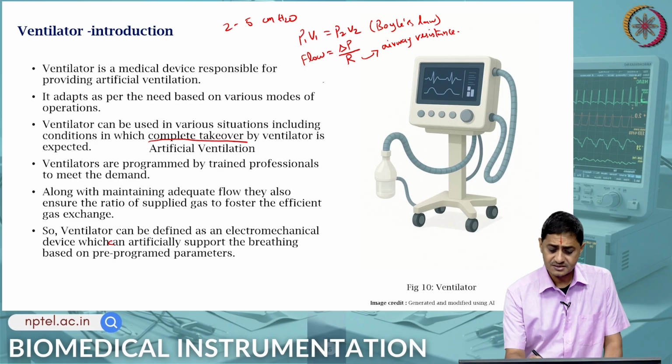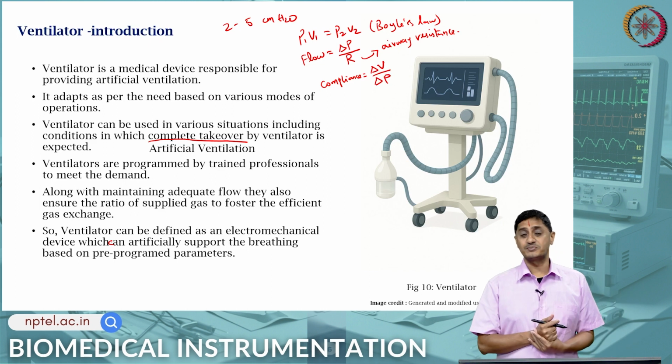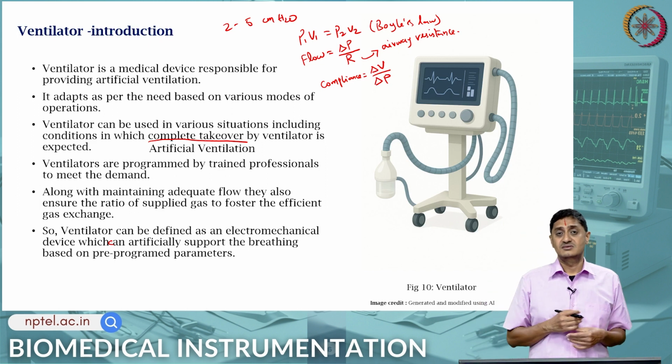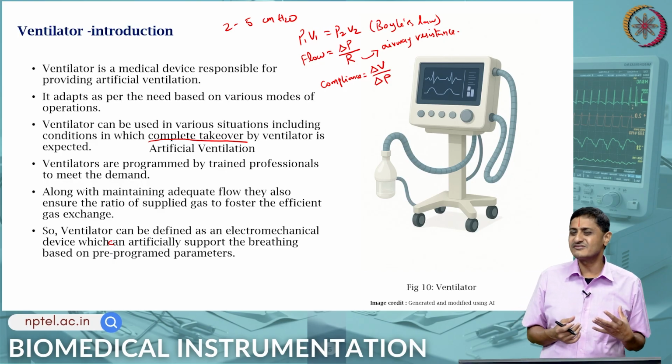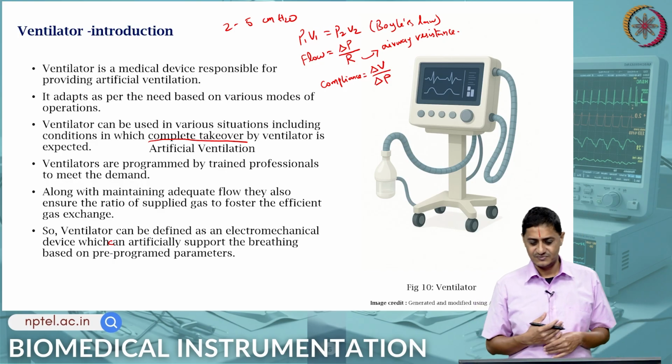Lung compliance is the change in the volume by the change in the pressure. For a given change in pressure, by how much the volume of the lungs change. It is essentially a measure of the elasticity of the lungs.